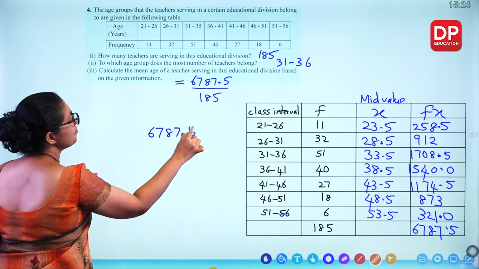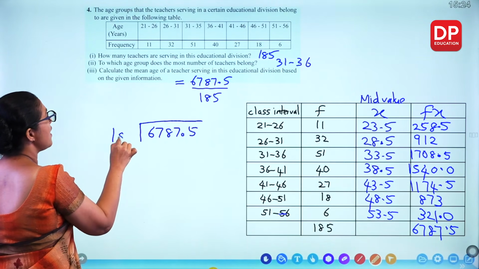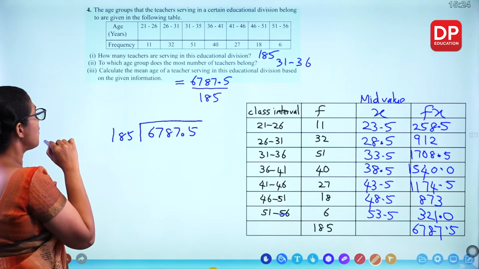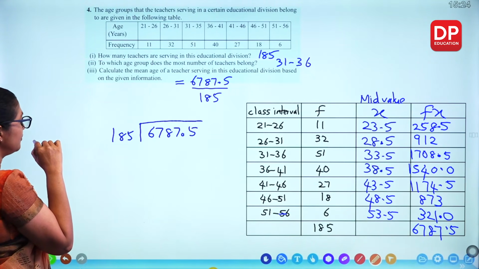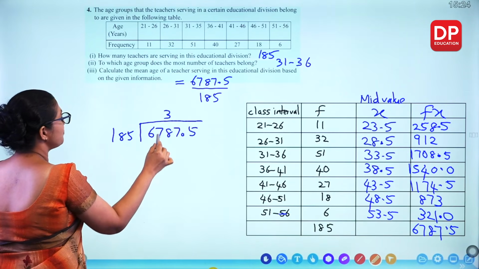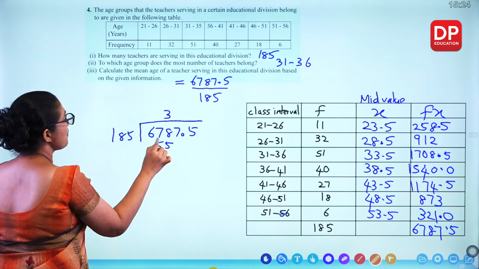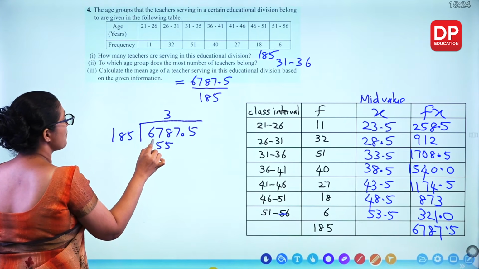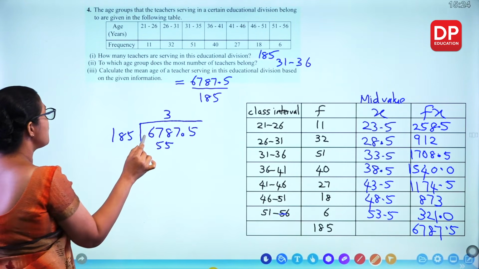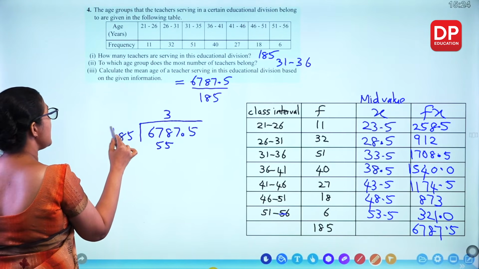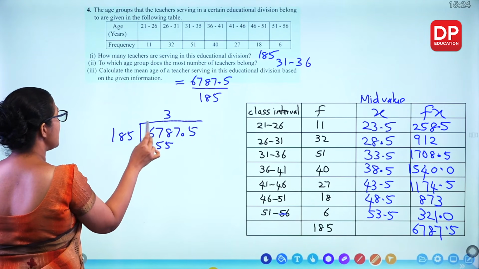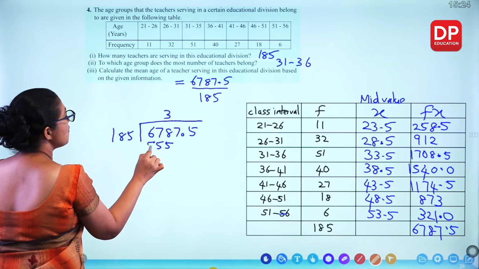Roughly, this is like 3. 3 times 5, 15, 1 remaining, 3 times 8, 24, 25, 2 remaining, 3 times 1, 3, 5.